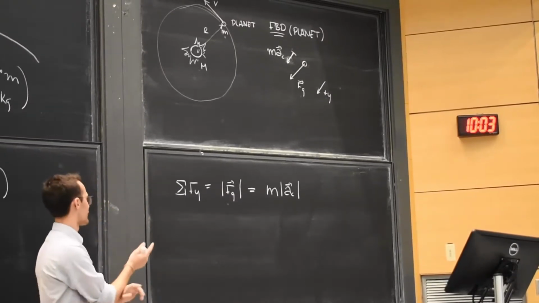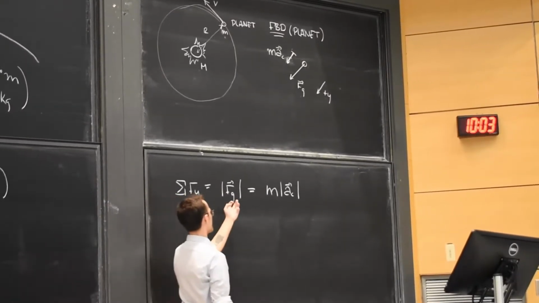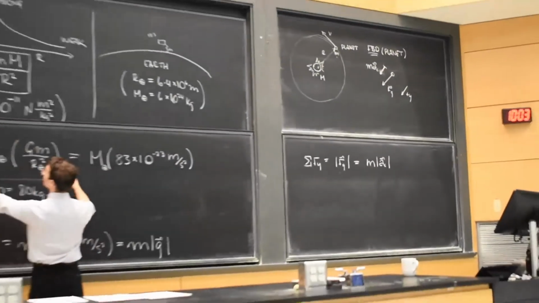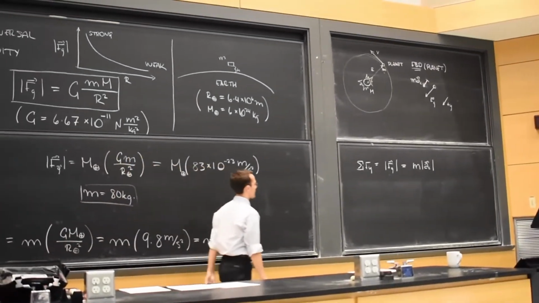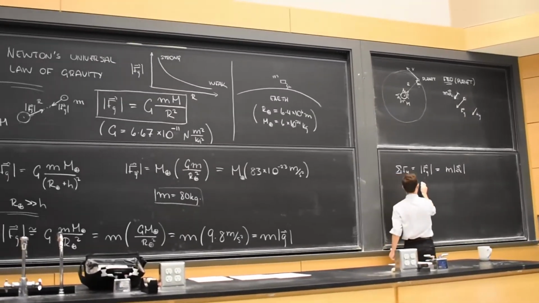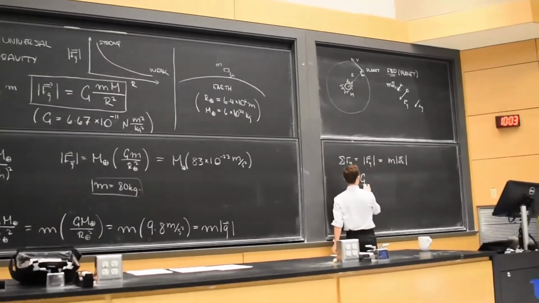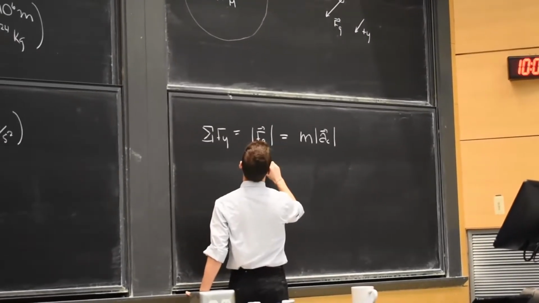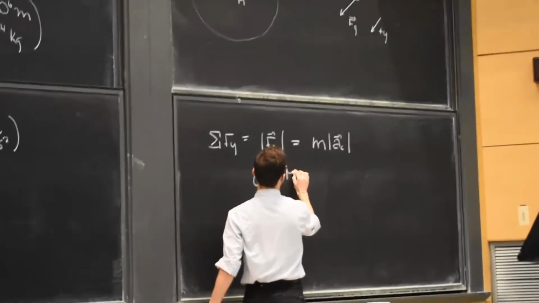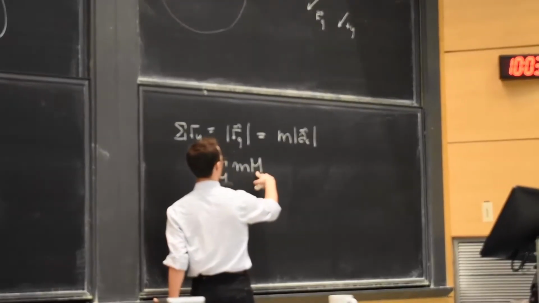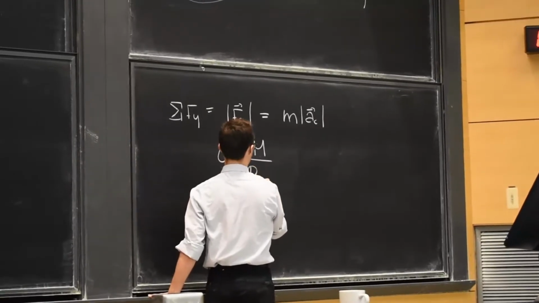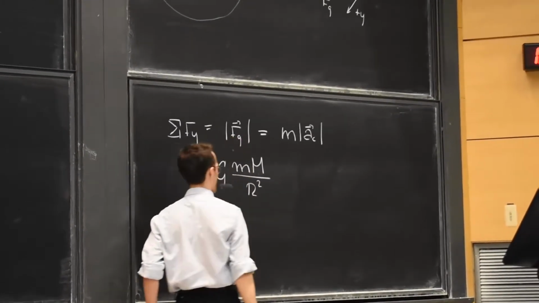So here's where the fun starts, because we know what this equation is. This equation is that one there, so we just plug that in. G, our gravitational constant, doesn't change. Hopefully. Our two masses interacting, mass of the sun, mass of whatever planet we're looking at, divided by the separation distance squared.